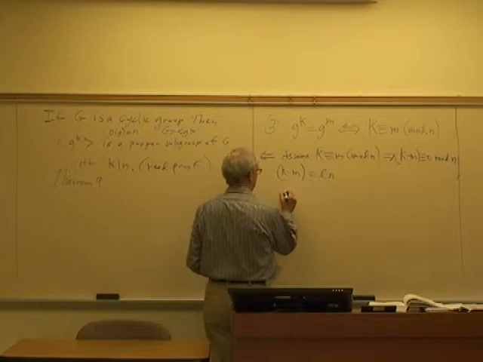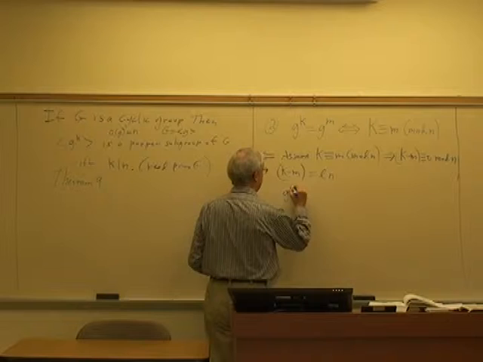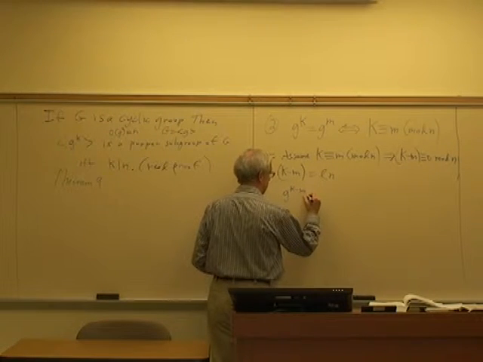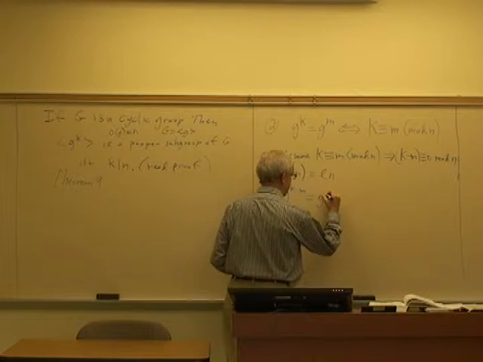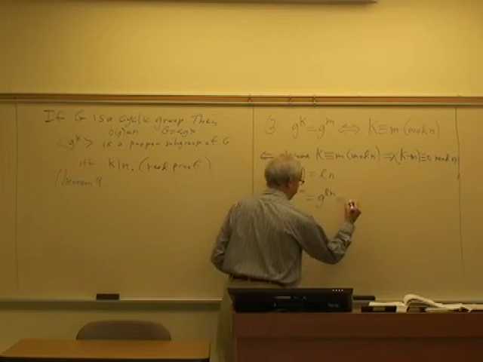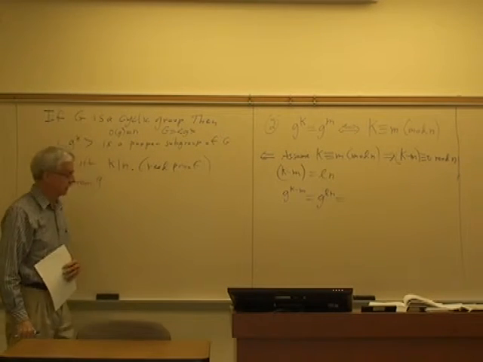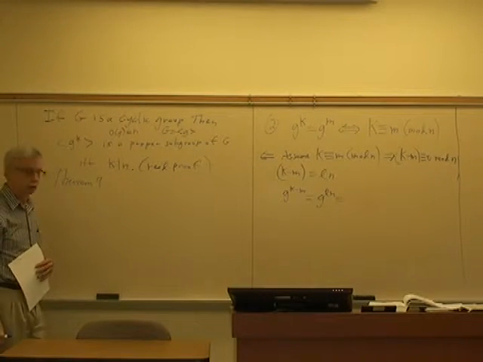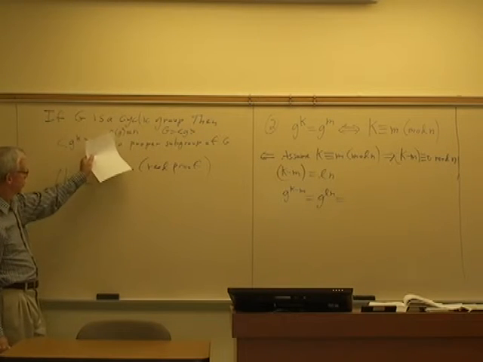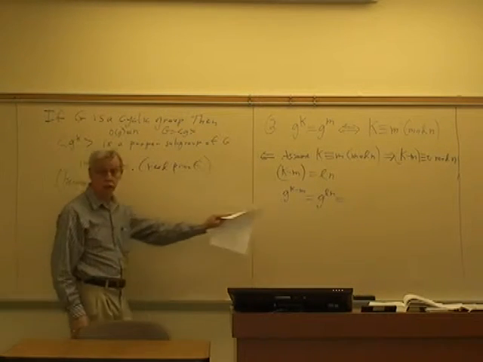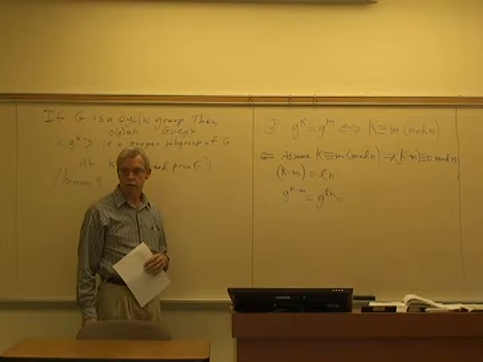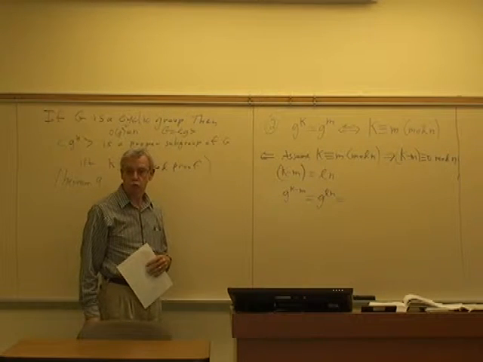Then, clearly g to the k minus m is equal to g to the Ln, but what's g to the Ln? Any multiple of n, n is still the order of that thing, so what's g to the Ln? 1, right?